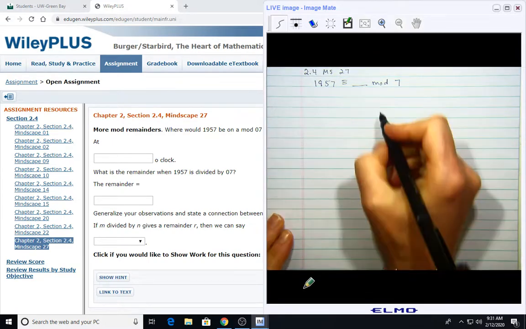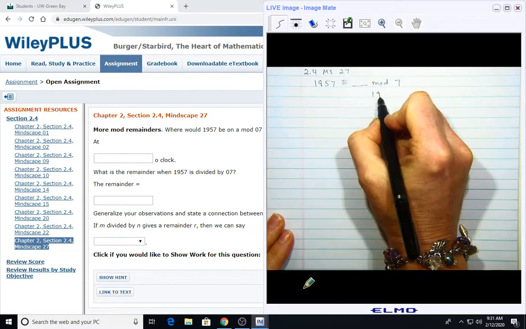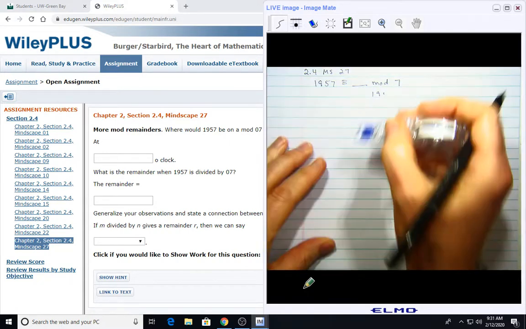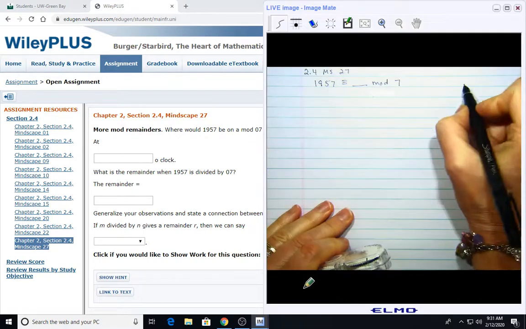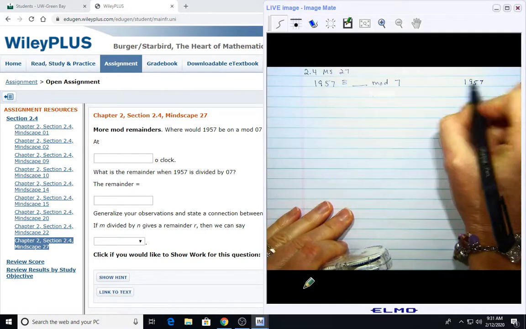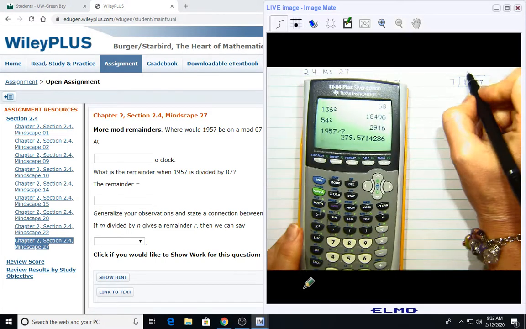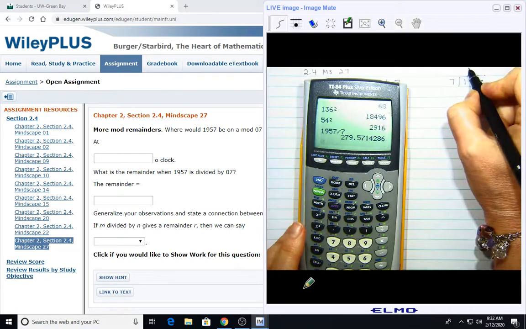We go ahead and take 1,957 and divide by 7. So I'll get out my calculator. I get 279.57.